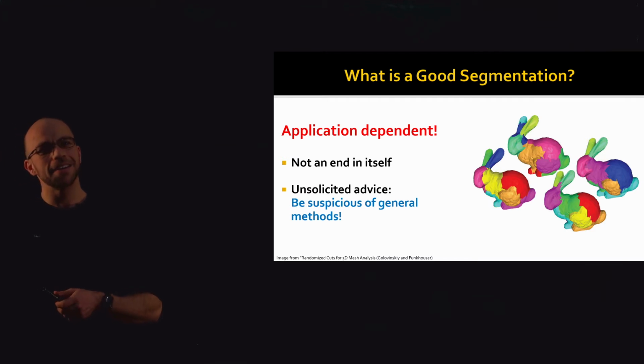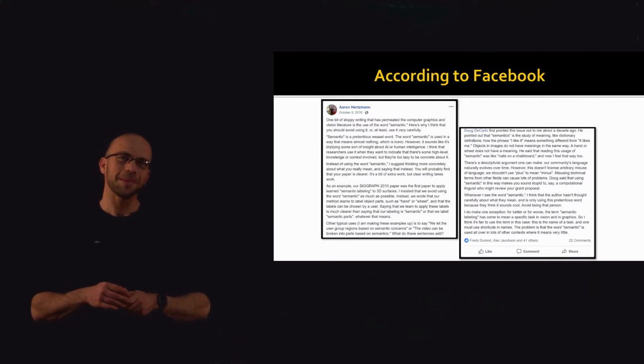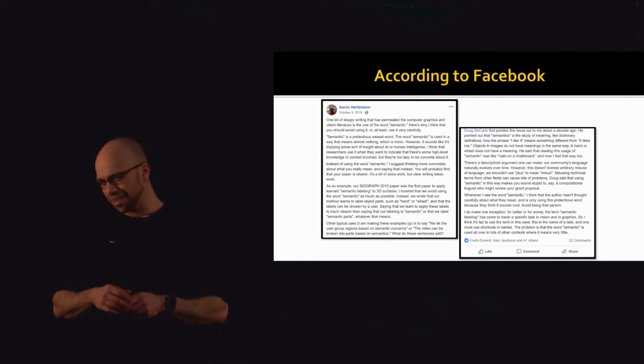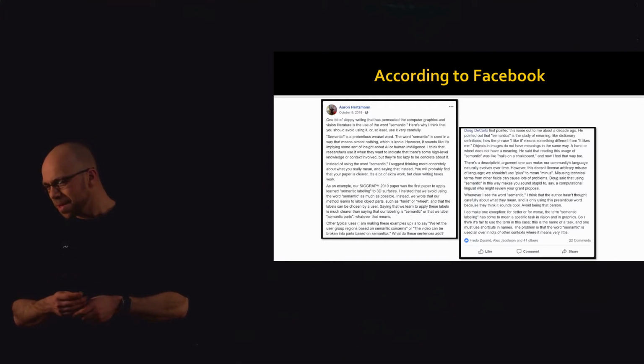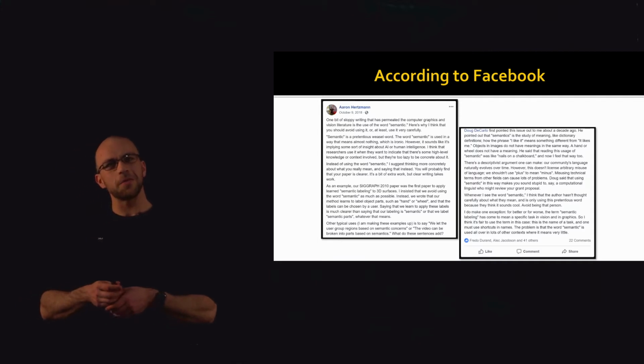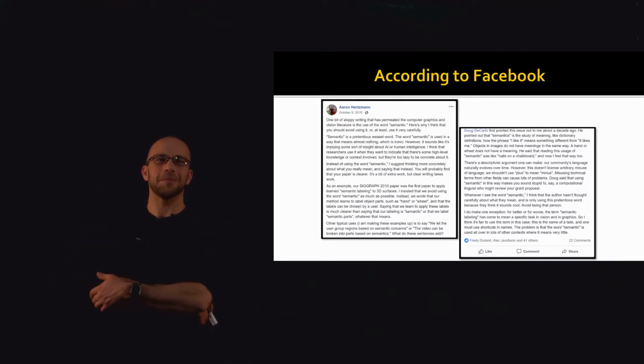And in fact, the community slowly started to realize this over time. I actually found kind of a funny explanation of some of these challenges in a Facebook post from one of my colleagues, Aaron Hertzmann. Hopefully he's okay that I screenshotted it. One of the places where this vagueness of segmentation problems comes up is the overuse of the word semantic, which shows up a lot in computer vision.